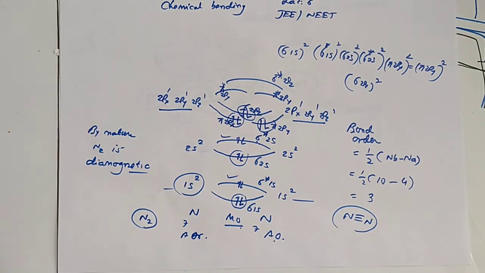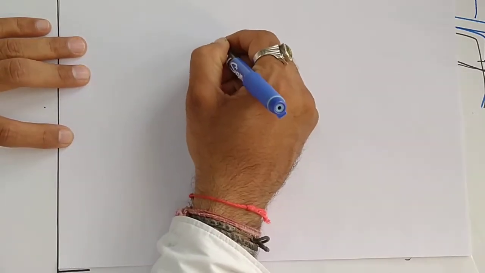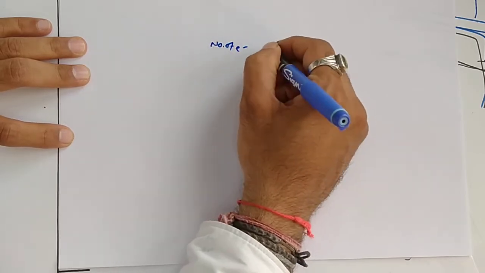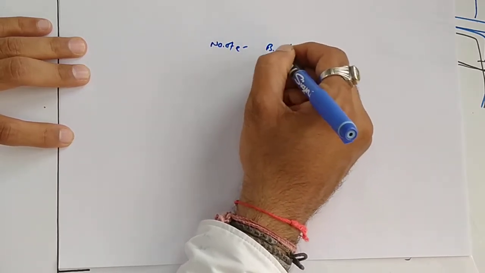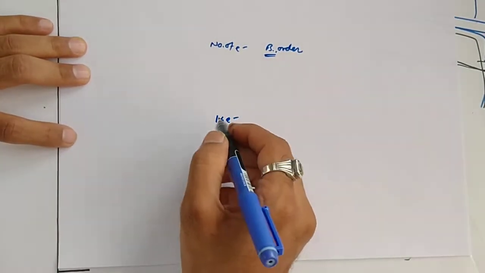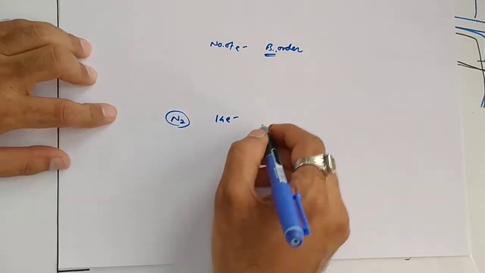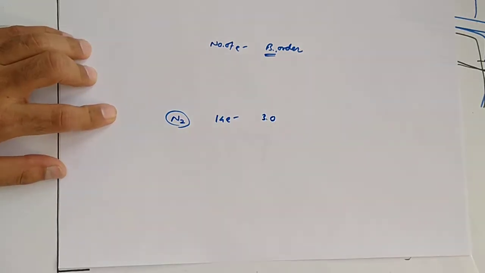Now we are going to compare. I am giving a trick. Every time it is not possible to draw the diagram, so I am giving you a trick to find the bond order easily. Number of electrons and bond order: if the number of electrons is 14, as in nitrogen, 7 plus 7, 14, the bond order is 3.